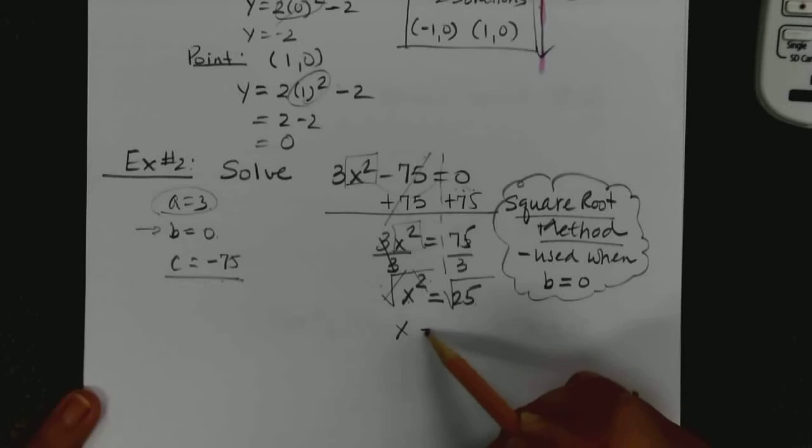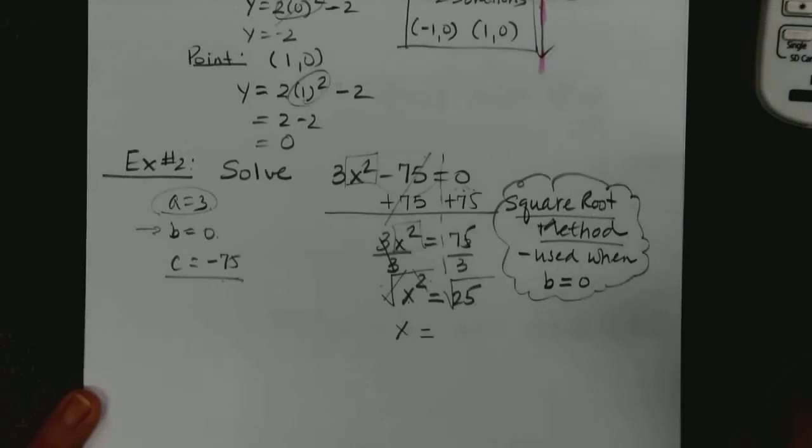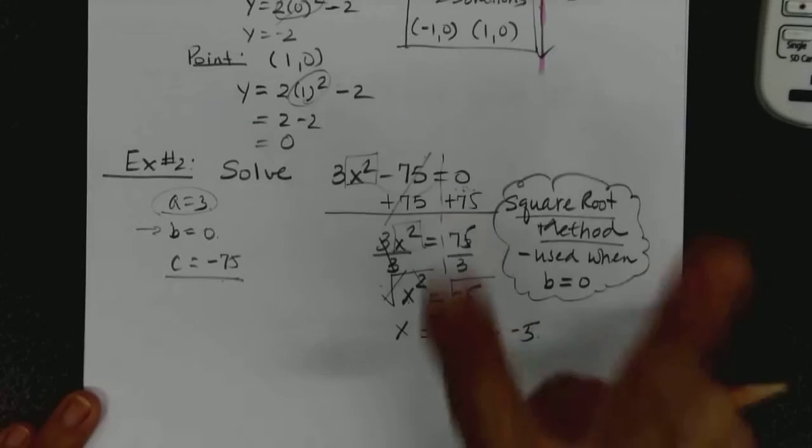So x is equal to either 5 or negative 5. Because what's 5 squared? 25. What's negative 5 squared? Also 25. So whenever you're square rooting a number, you have two answers.